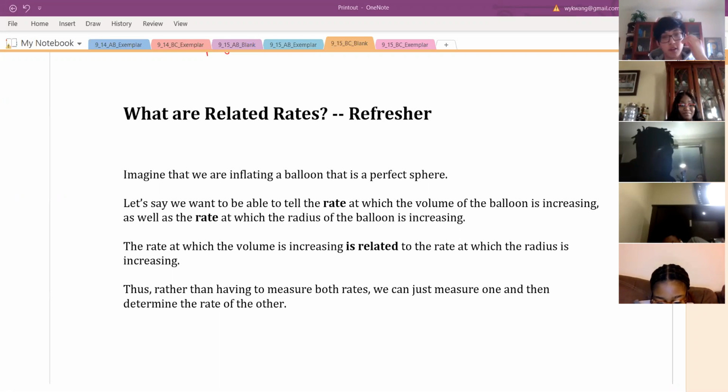Okay. Well, just so everyone knows, I think related rates is one of the more difficult topics in Calc A. Or I'm not even sure exactly if I think it's in Calc A, but that's why we're going to spend a couple days on this.